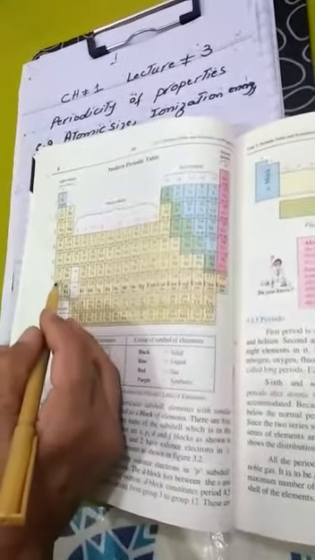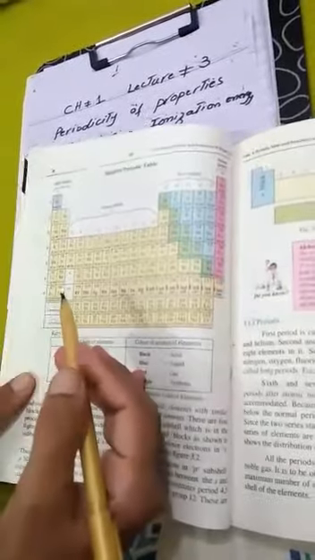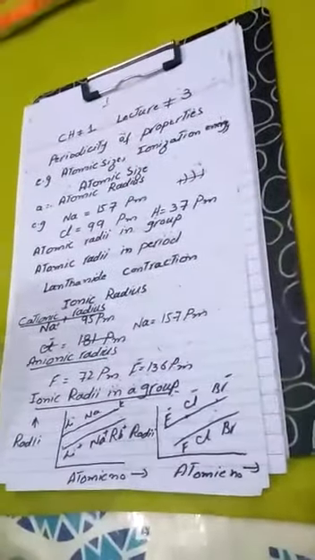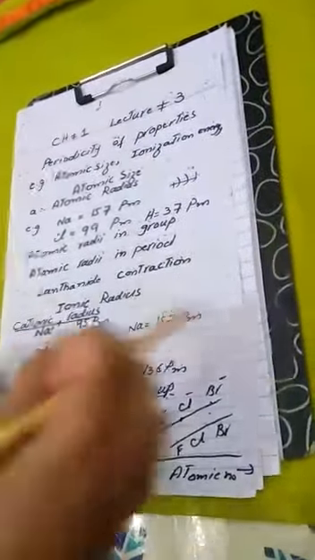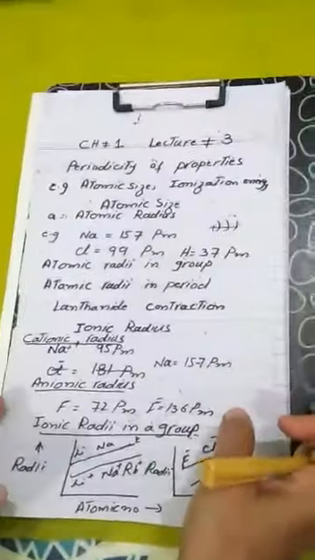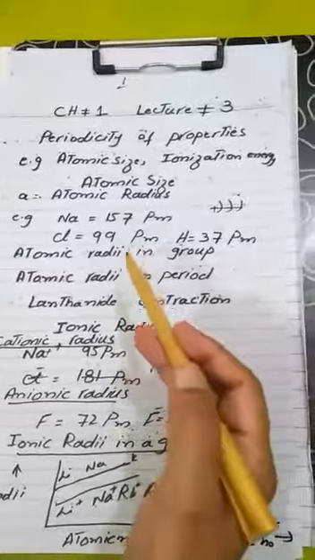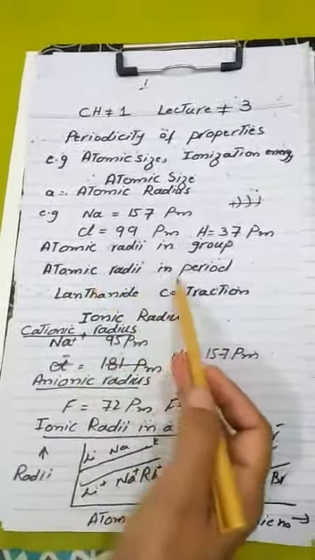It is due to increase in atomic number. You can see hydrogen and then francium and so on. In this way, the force of attraction between the nucleus and its outermost shell decreases. The atomic radii increase from top to bottom of a group.